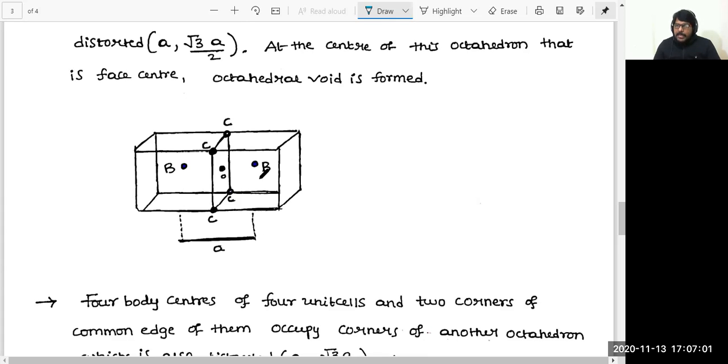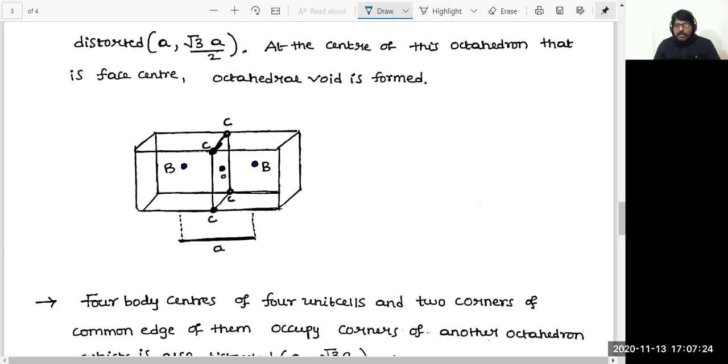Now, these 4 corners which are present on the common face and 2 body center atoms are forming an octahedron. You have to imagine the octahedron in these 2 adjacent unit cells.